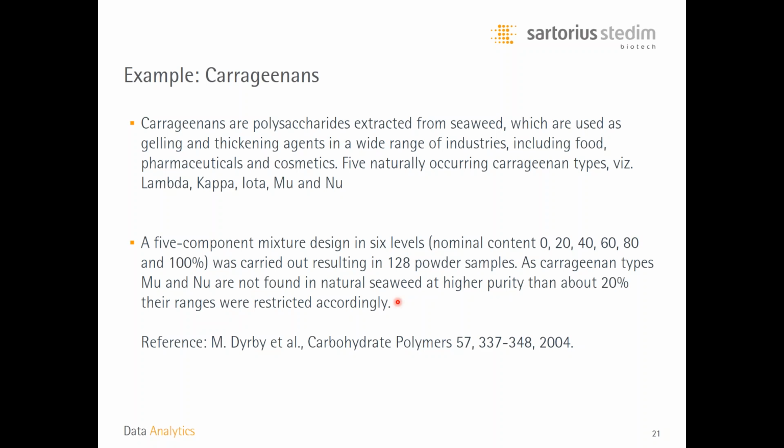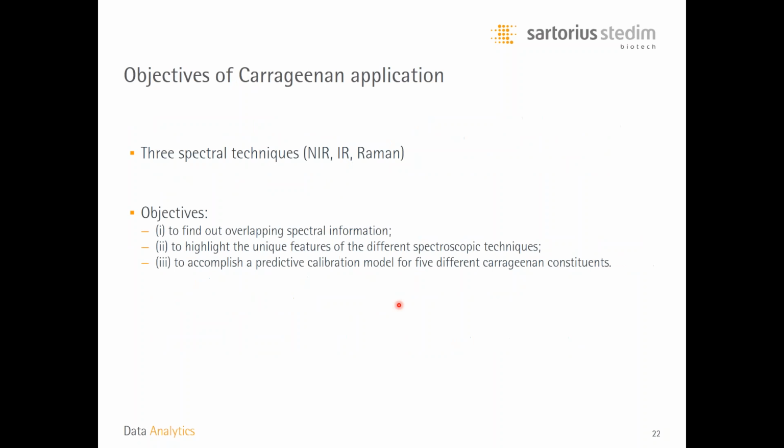For these 128 powder samples that were prepared using DOE, 3 spectral techniques, NIR, IR, and Raman spectroscopy, were used to measure spectra. There are many different data analytical objectives for this data set. First of all, you have the multivariate calibration trail, where you look into the possibility of using the spectral information just for modeling and predicting the different levels of the 5 analytes.